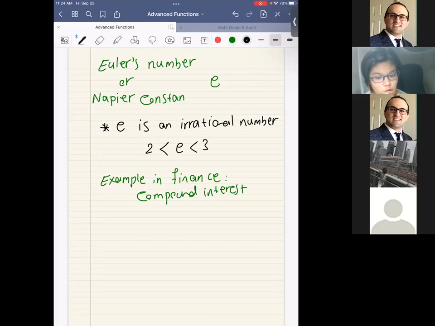Okay, so let me give you a simple example. You have financial institutions like banks. You have some savings, you put some money into your account in a bank.